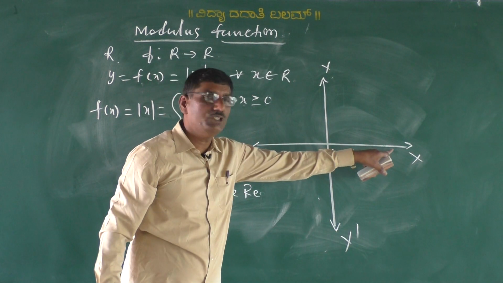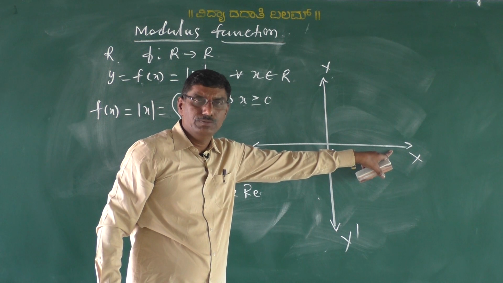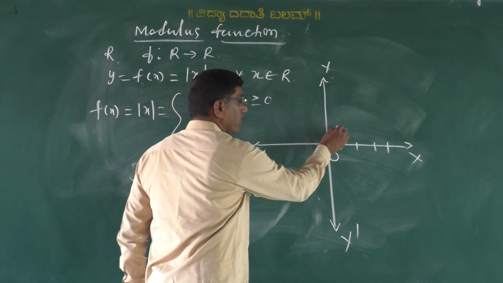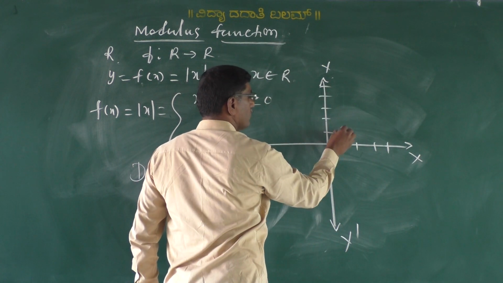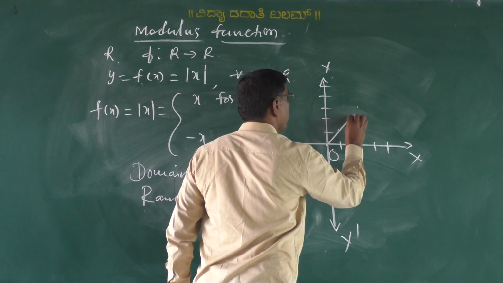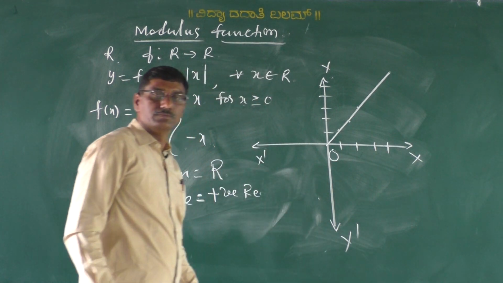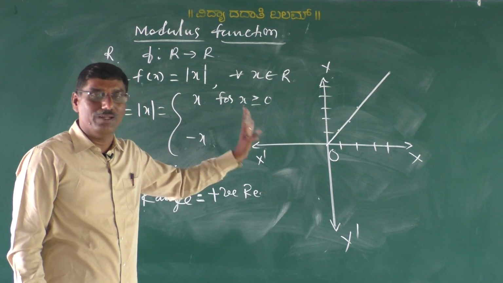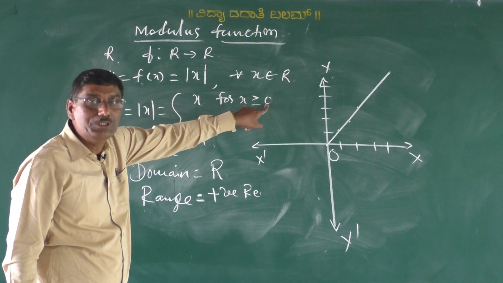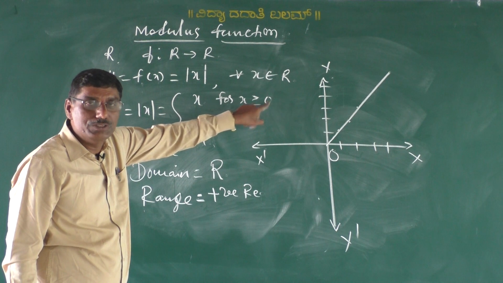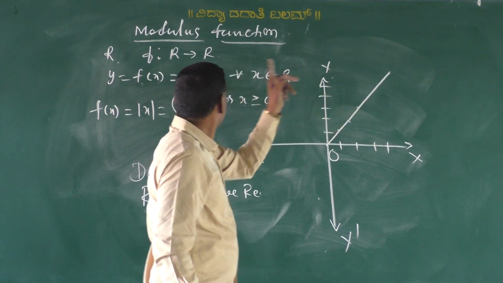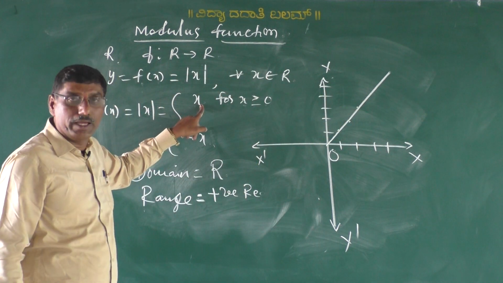For the set of all positive reals, for 1 we get 1, for 2 we get 2, for 3 we get 3. That means the graph is like this. Sir, what about the rest? That is mod x, that is x for x greater than or equal to 0. This is f of x is equal to x.